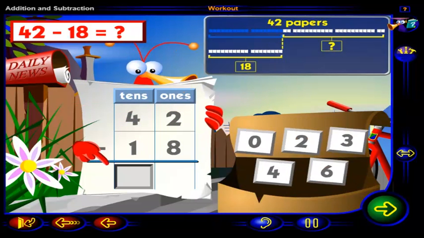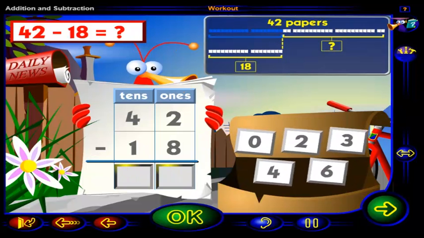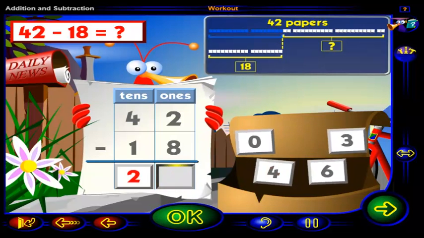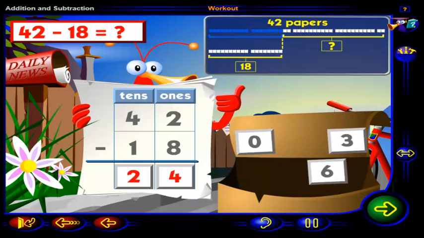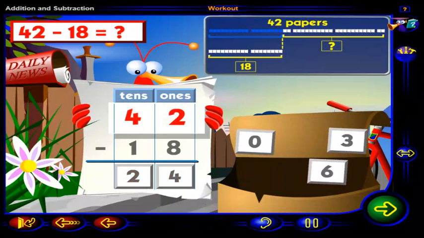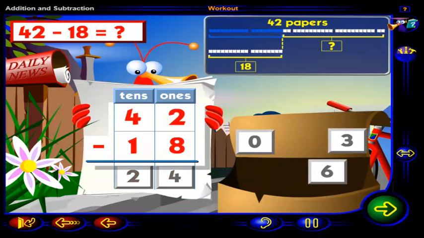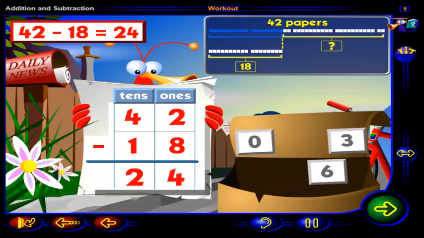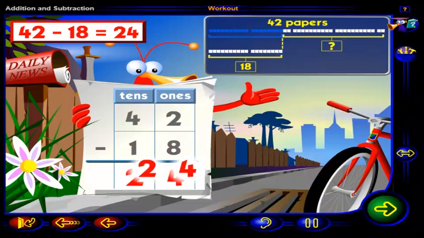Drag a digit here and here, then click OK. That's right. 42 minus 18 equals 24. So, there are 24 more newspapers to deliver.